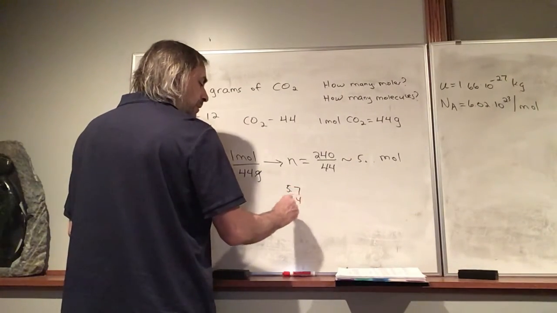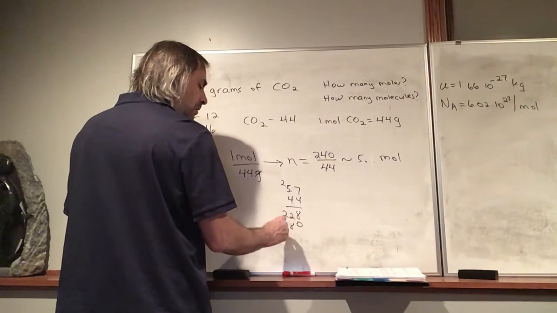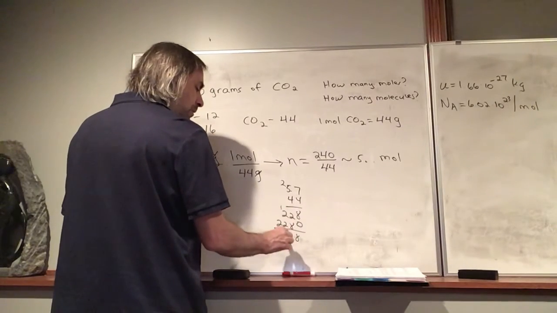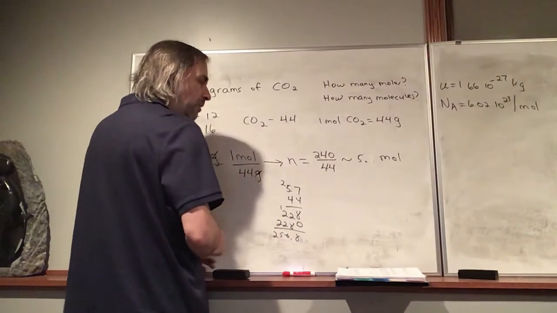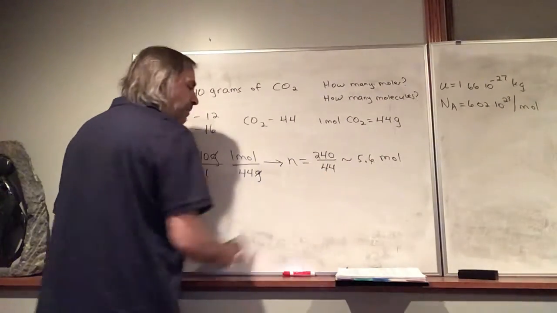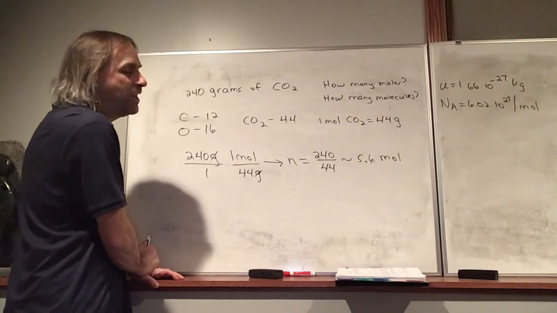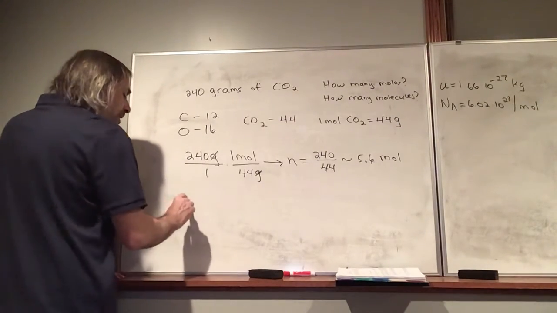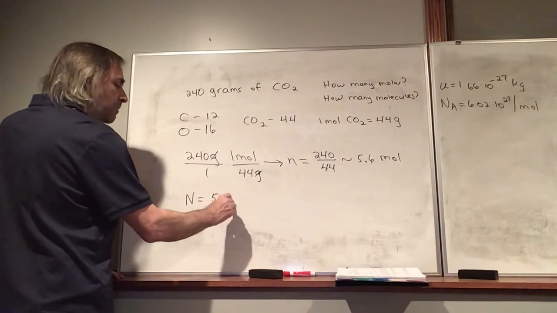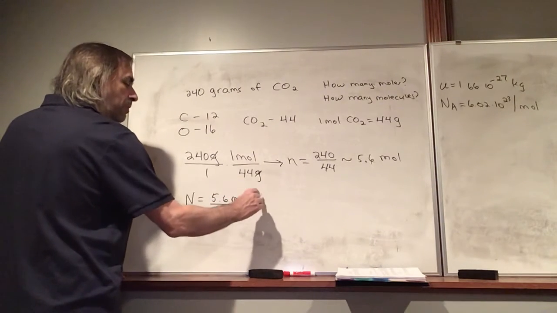Sorry, I don't have a calculator. That's a little bit high, but close. Maybe around 250. I think 5.6 might be better. Let's go with that. Okay, so we have around 5.6 moles. And then for the number of particles, we have 5.6 moles, and we just multiply by Avogadro's number.